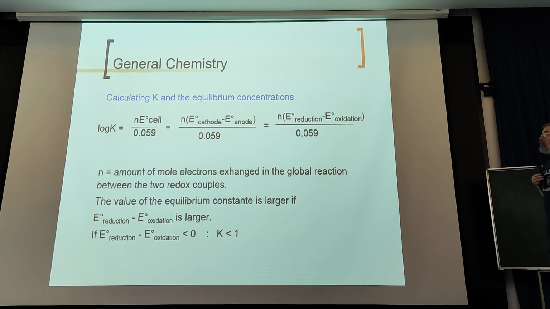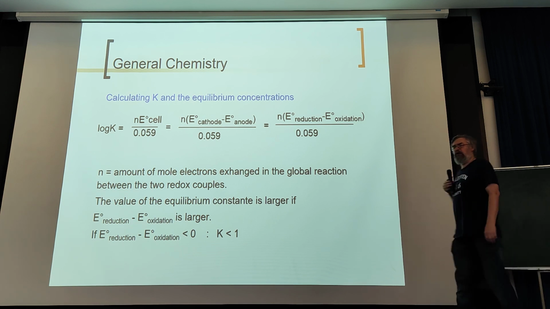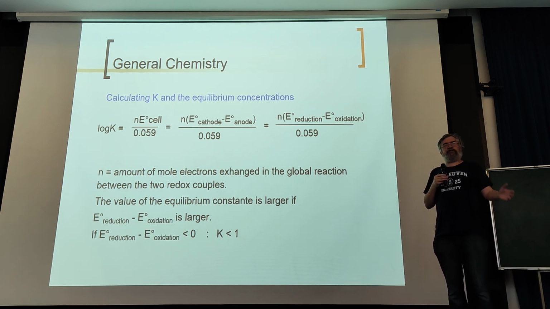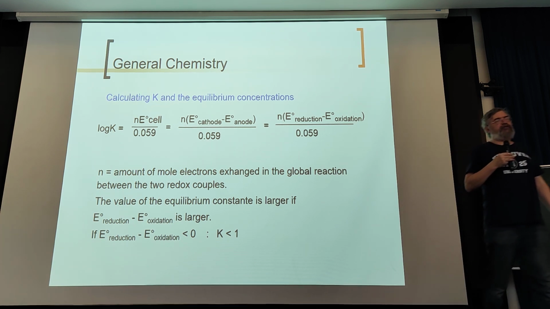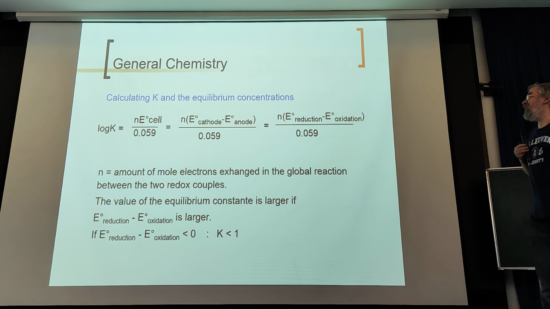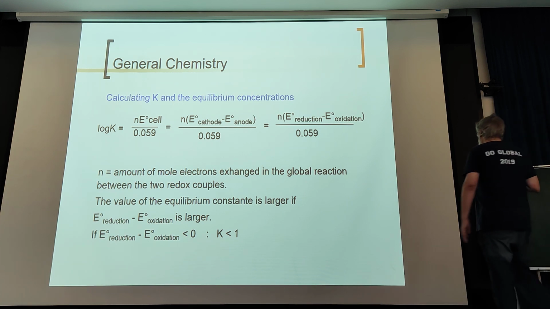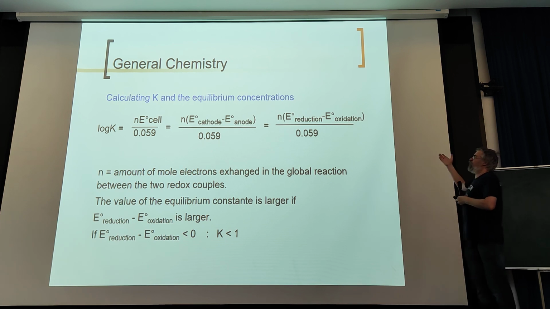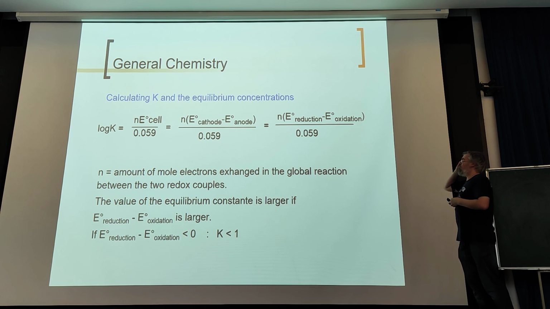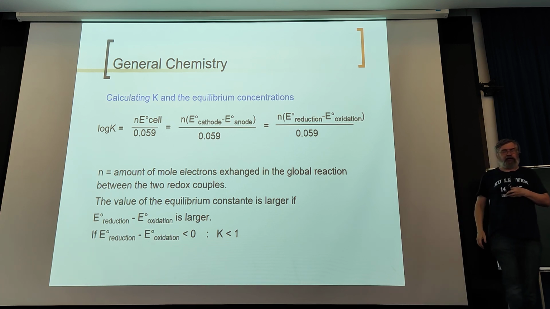This you multiply with the amount of electrons that is getting exchanged in the reaction, and then you divide that by 0.059. And that gives you the logarithm of the equilibrium constant. And okay, cathode is reduction, anode is oxidation. It's again repeated.